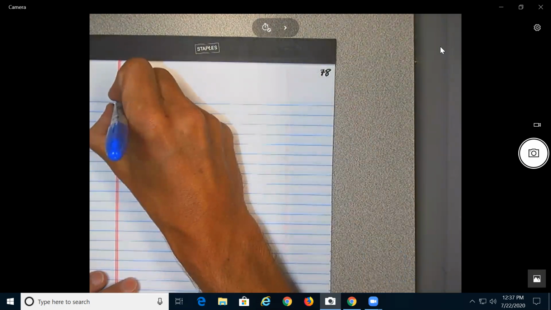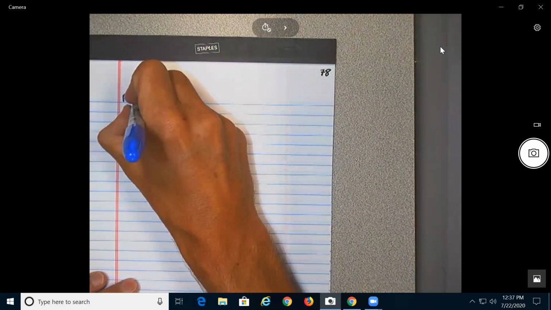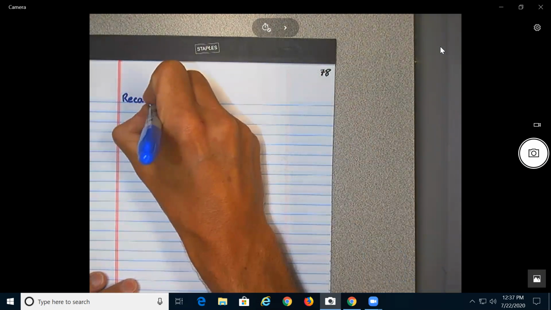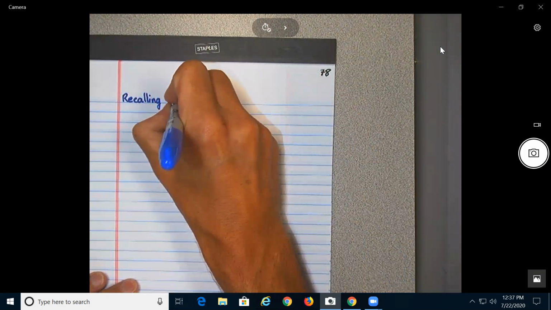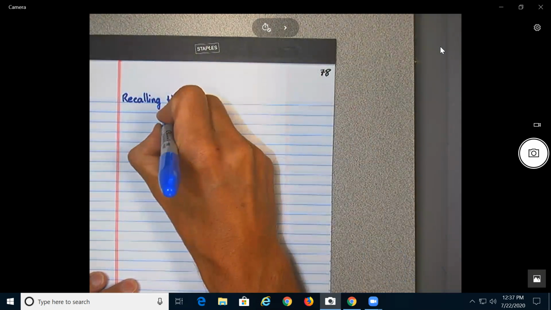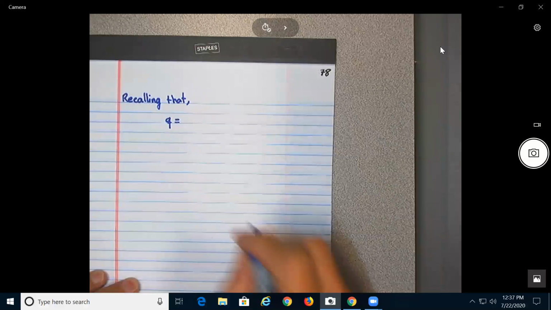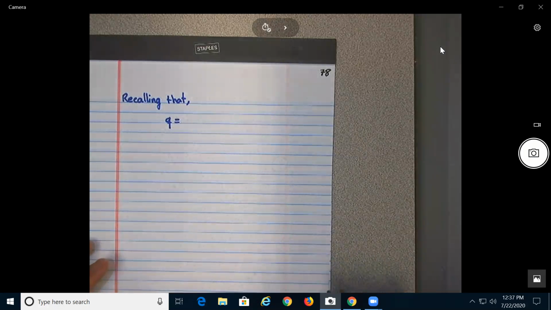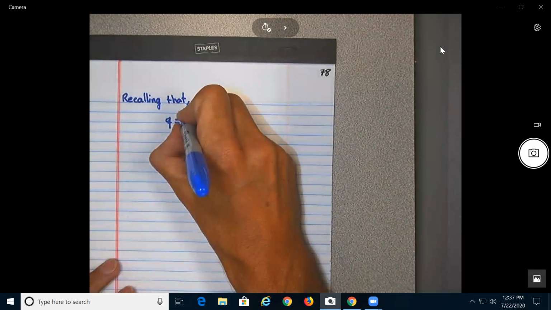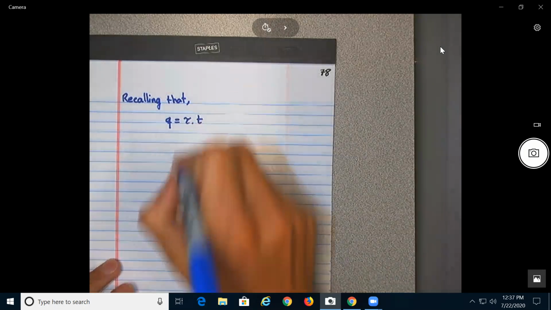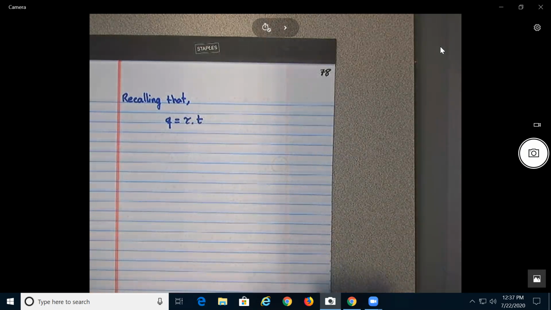But basically, what do we have? Recalling that, what are the units for shear? Shear flow is force per unit length, no? So really, what is also known is equal to the shear times the thickness of whatever cross section you are using.